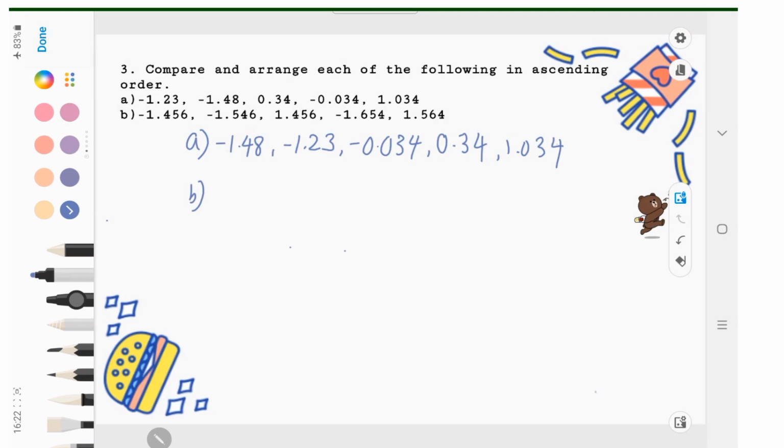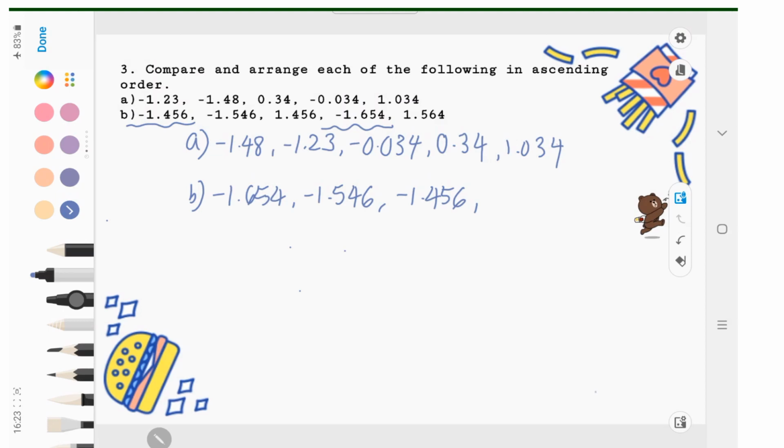Same, we compare the negative decimals first, which is negative 1.654, negative 1.546, and negative 1.456. Negative 1.654 is smaller than negative 1.456, so it will be the first.